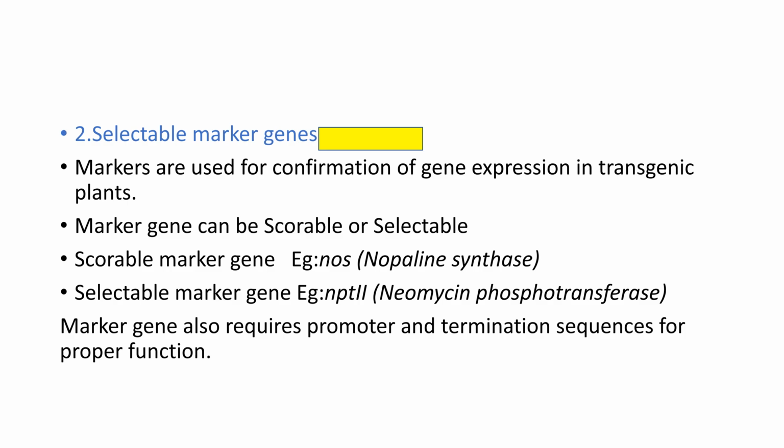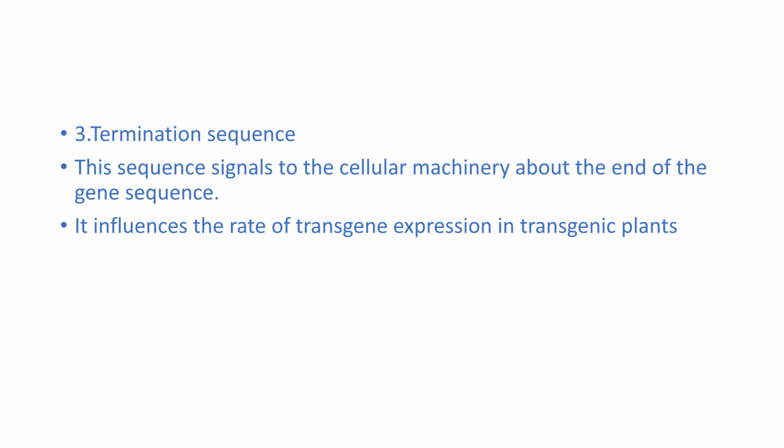Now here the example is NPT2, that is neomycin phosphotransferase. So this marker gene, like any other gene inserted in the construct, also requires a promoter and termination sequence for proper function.